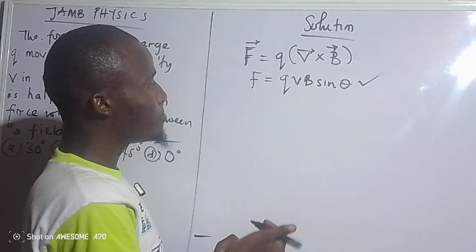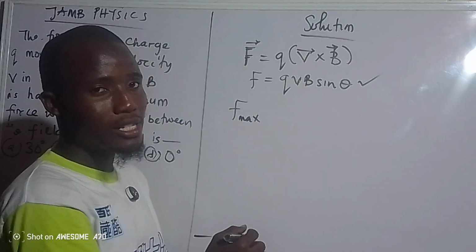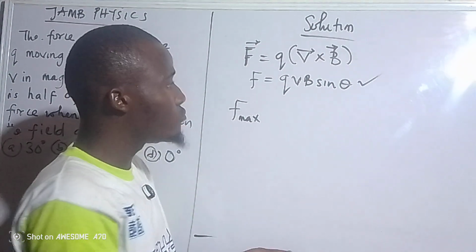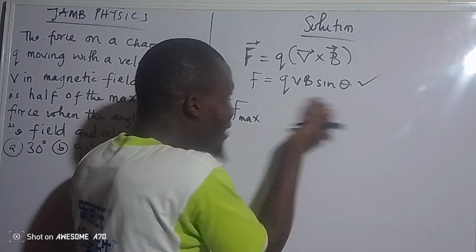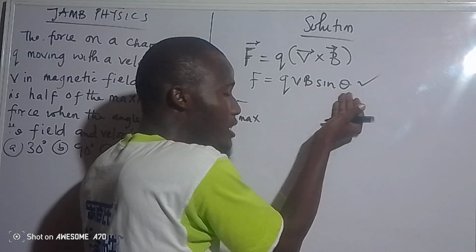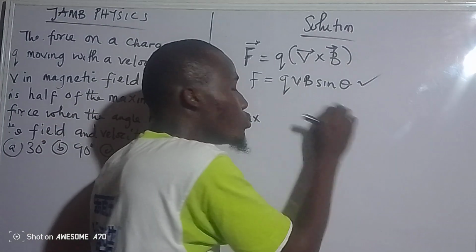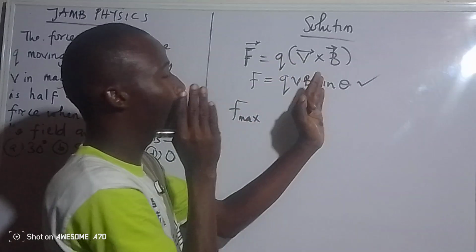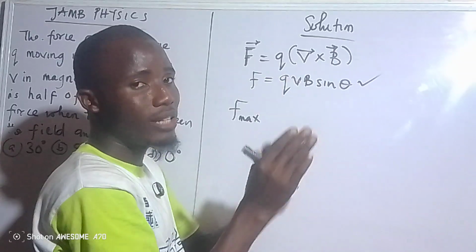So another concept here is the maximum force. When is the force going to be maximum? When is the charge going to experience maximum force? Now, maximum value is that value that will retain the value we have here. Maximum angle is that value of theta that will make this thing here to remain there. So the charge can either move parallel to the field or perpendicular to the field.